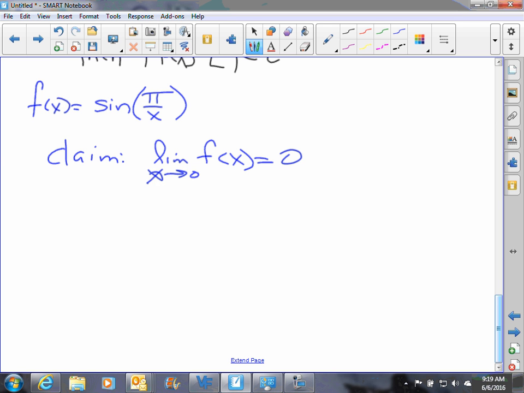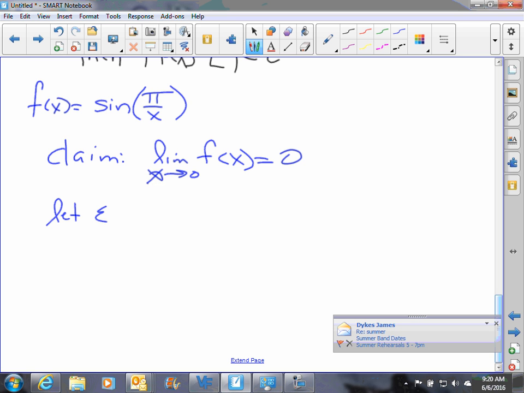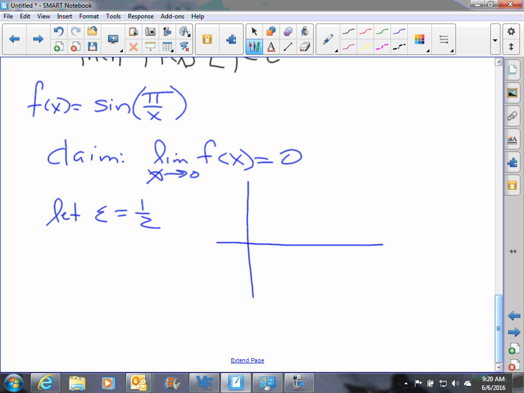And so you give me an epsilon interval. Let's say you say, let's let epsilon greater than 0 be equal to 1/2. So here's 1, here's -1. That gives us an interval between here and here. Now, if I come out here, I know at 2/5, we're up at 1.